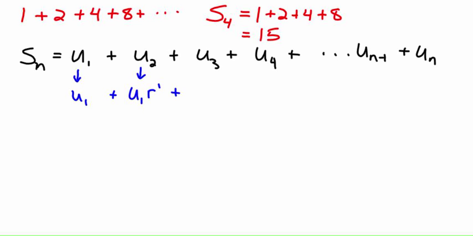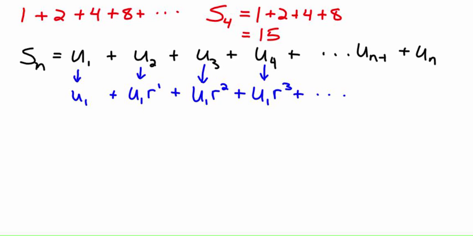Then u of 3 is going to be u of 1 times r to the second power. And we'll quickly see how a pattern develops here. u of 4 is u of 1 times r to the third power, and we're going to take this all the way up to u of n.